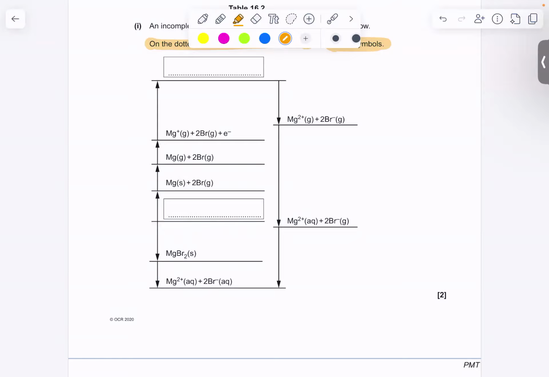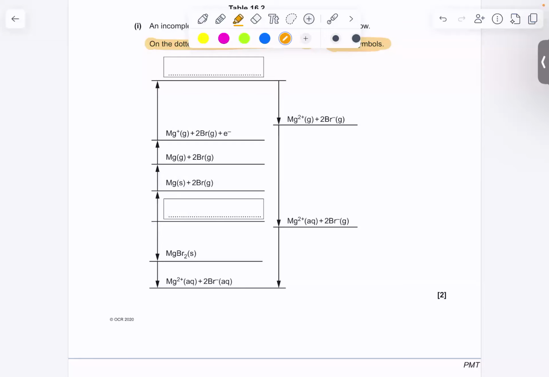This is what Maya has for the hydration energy of bromide ions. Just a minute, let me calculate.